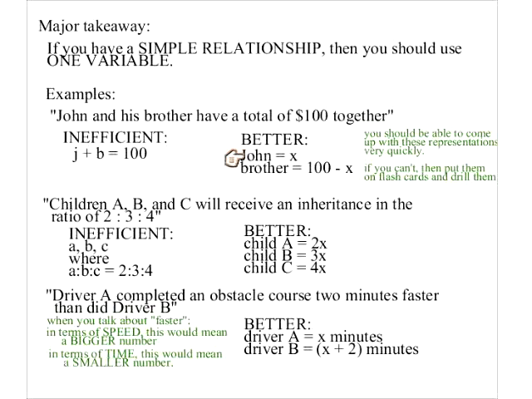A simple relationship is something that you can very easily express with a single variable. Like this is something that is very easy to do. If you have a total of 100, then you have x, and you have 100 minus x. If you have a ratio like this, then you have 2x and 4x.